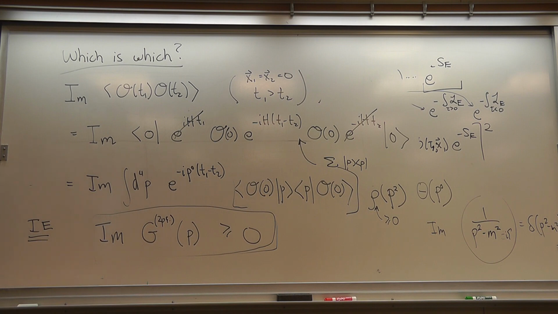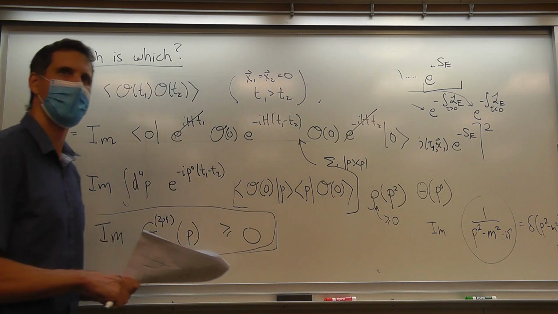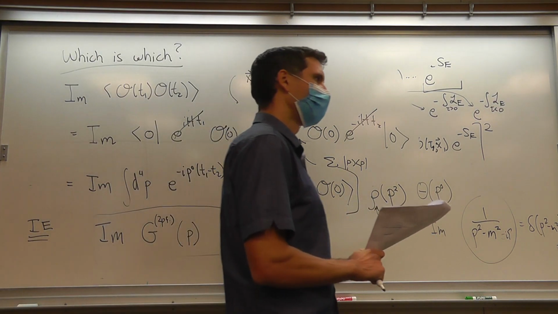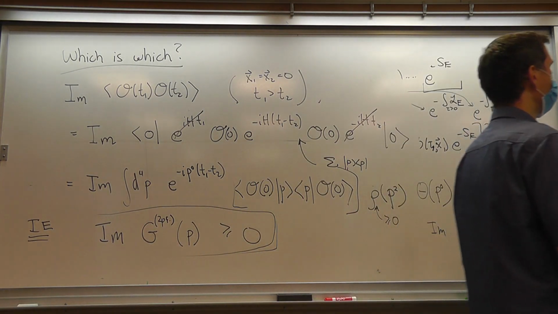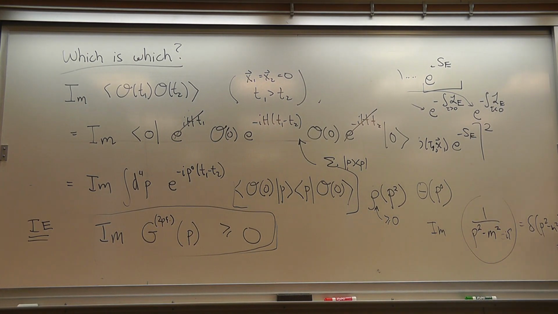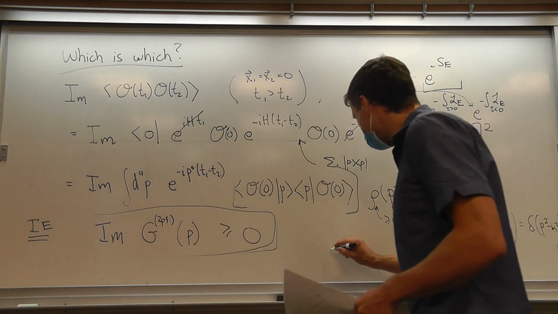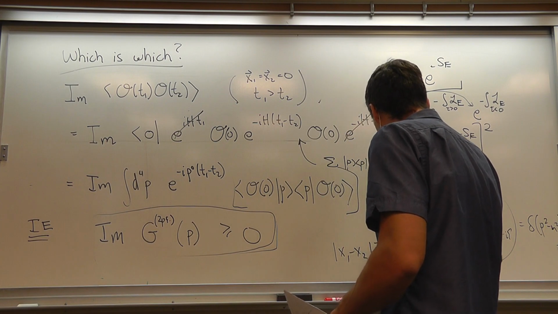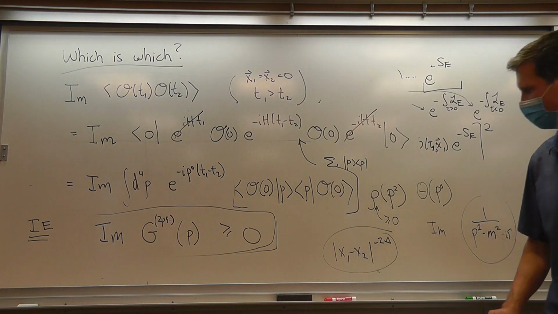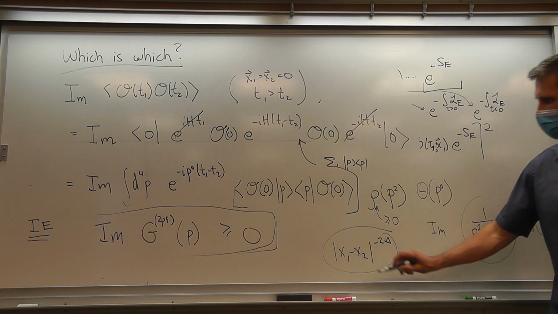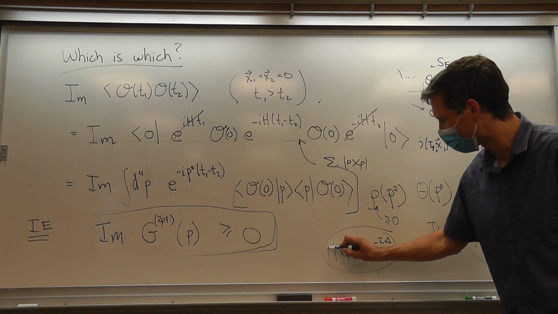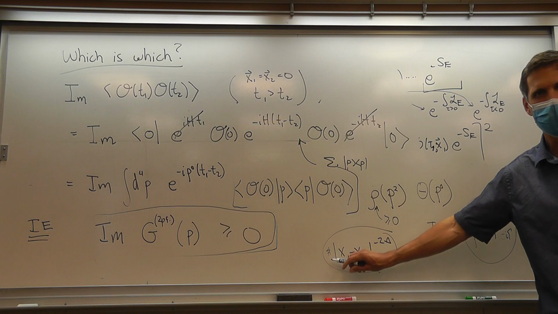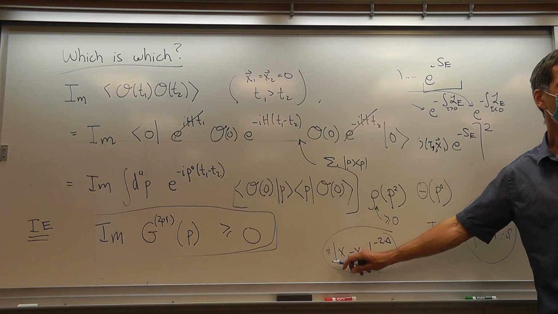Good. So note that unitarity did two things for us in this story. First of all, unitarity fixed the coefficient of the Euclidean correlator. The Euclidean correlator was x1 minus x2 to the minus 2 delta. And unitarity fixed this number here to be positive, because that's reflection positivity.